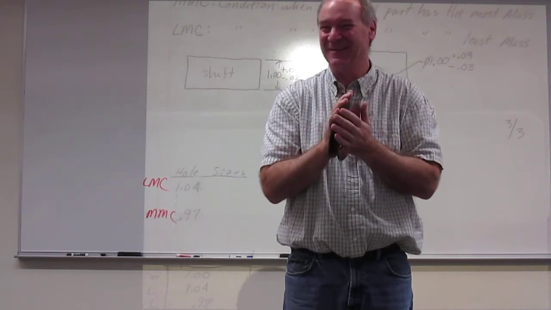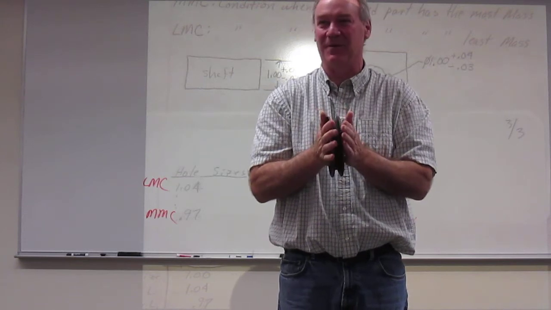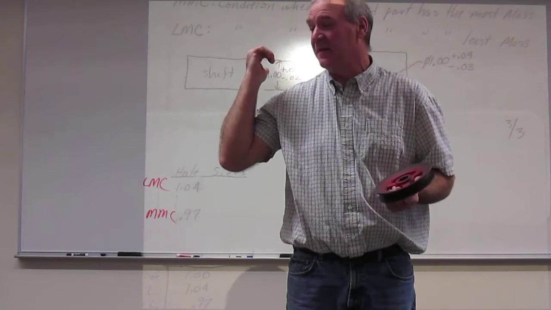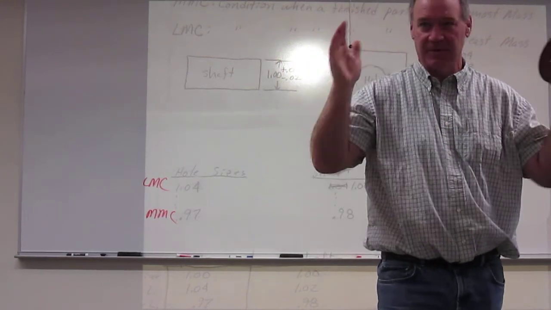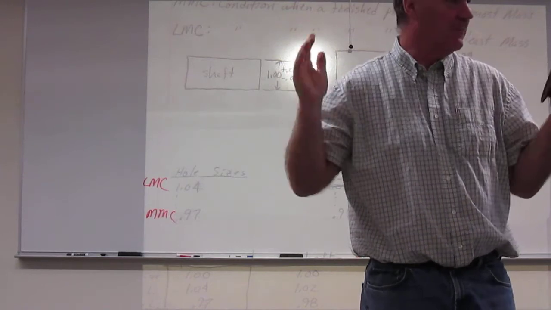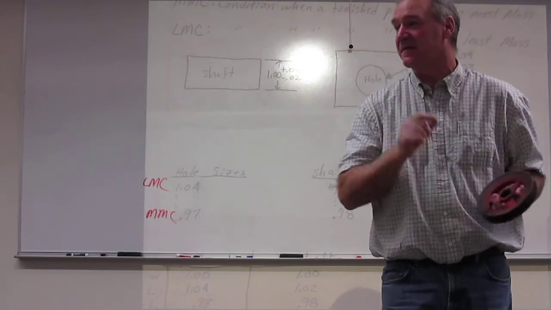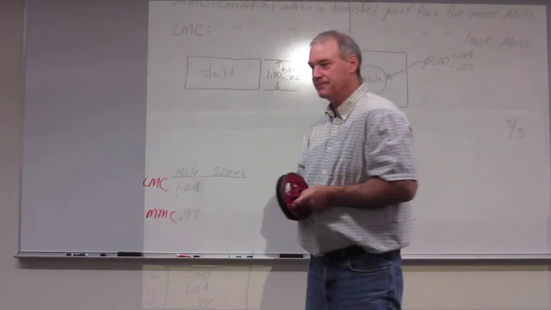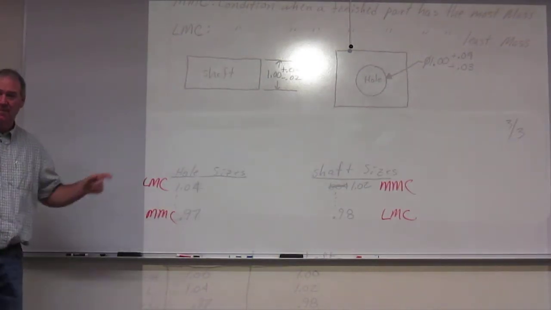We test it at all parts, especially if safety is a consideration, because things do break down occasionally in the middle. But this is the place we start. We make the original assumption that if it works at MMC and it works at LMC, it will work in the middle. Now, certainly we go through prototyping and these types of things to test that theory. It doesn't make sense for the biggest shaft to go into the smallest hole. That's actually your allowance.